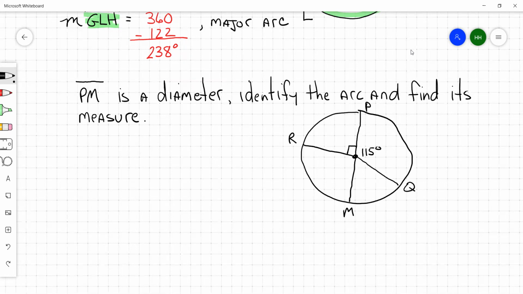Sometimes these problems are actually simpler if you just fill in all the information that you can right before you even look at the question. If P to M is a diameter, then this is R in the middle here, point R. This over here on the left should have been an N. So make that an N.